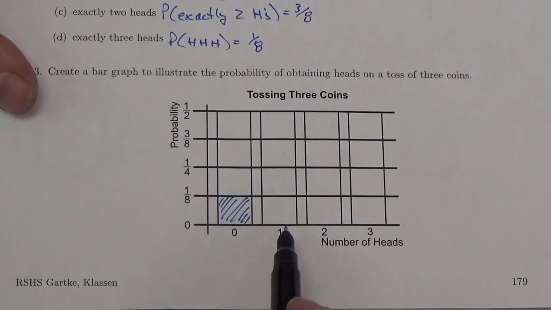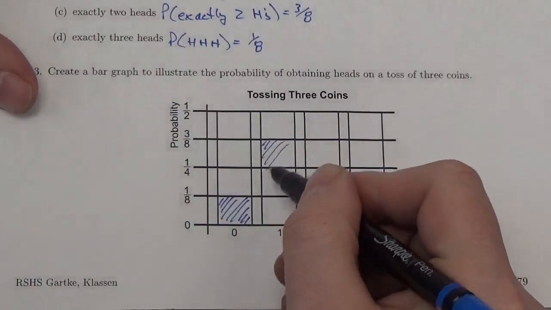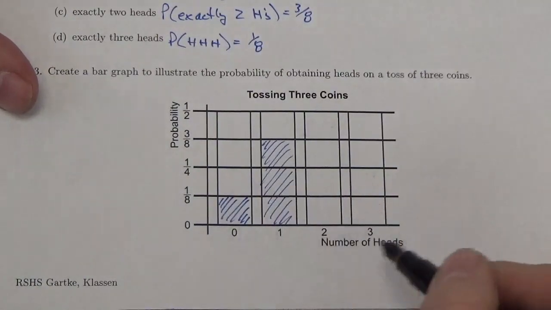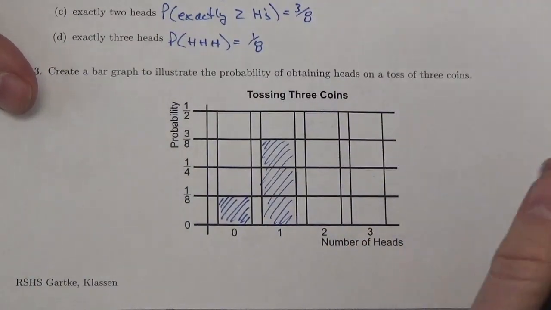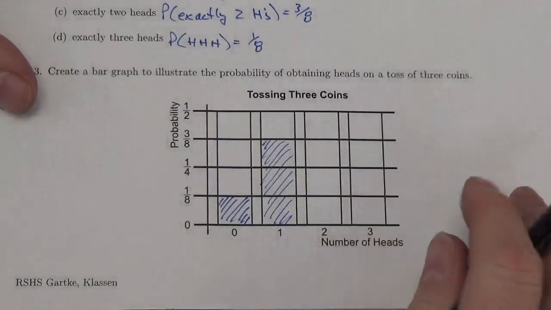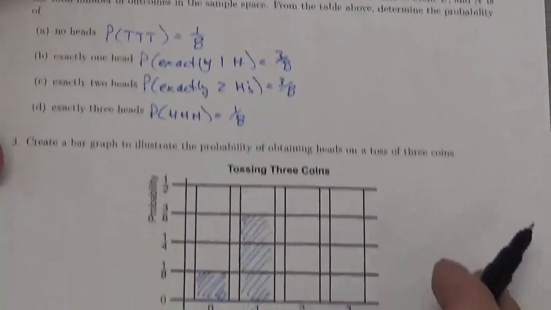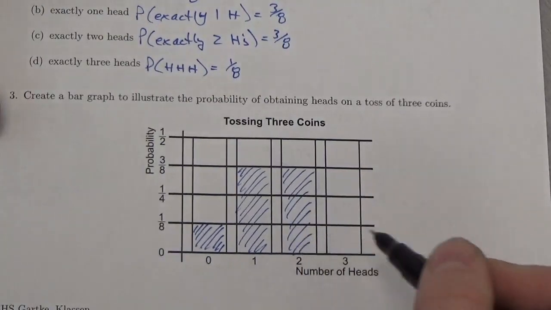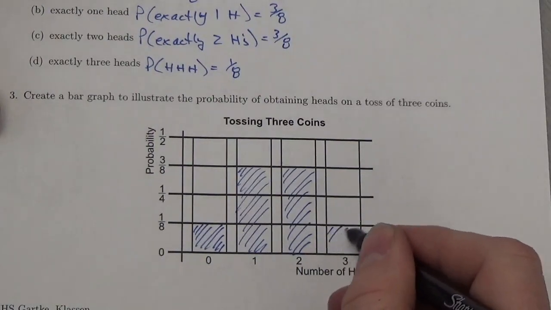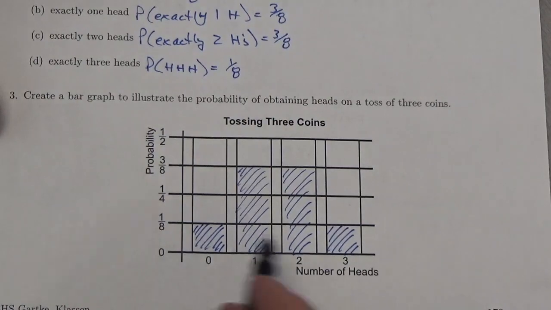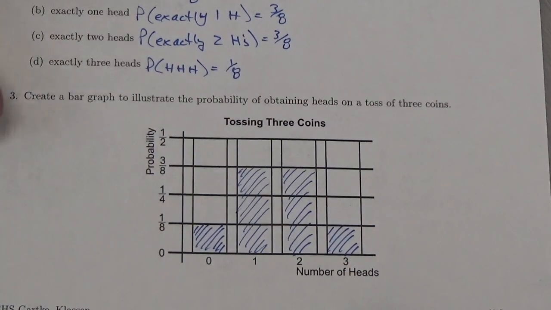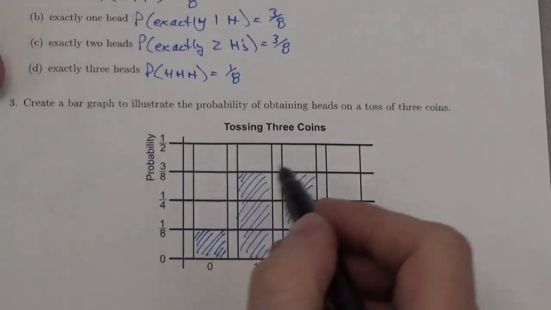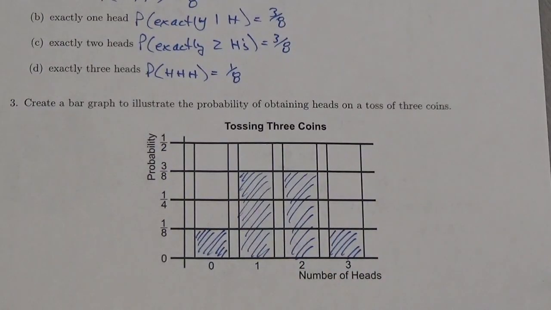The probability of 1 head was 3 out of 8. 2 heads, okay, well, the 2 heads up there was again 3 out of 8. And then 3 heads, so there's only one way that could occur, and that was therefore 1 out of 8. Okay? So there are my probabilities.